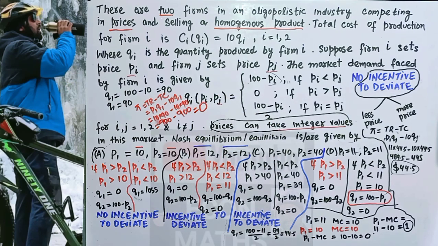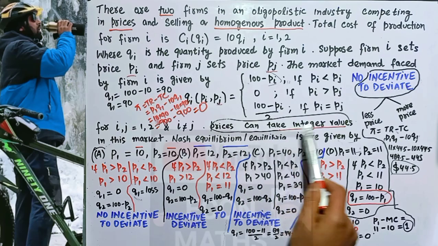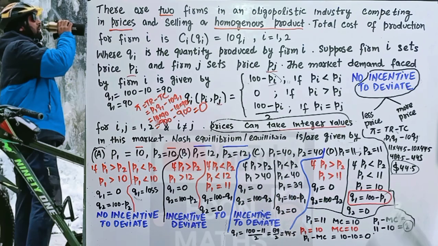Okay, it is very important here to see when firm one is charging a less price than his competitor's price. That means when P1 is less than P2, P1 is less than 11. By less than 11 we mean P1 is equal to 10, because we are being told prices can take only integer values. So less than 11 means 10.